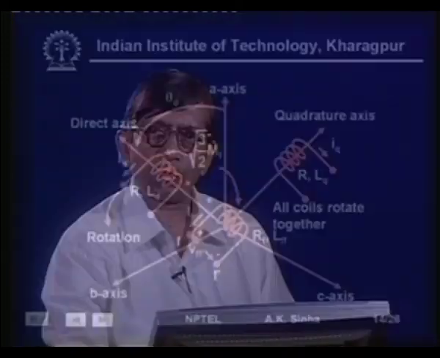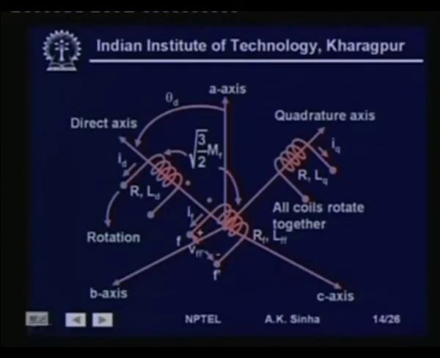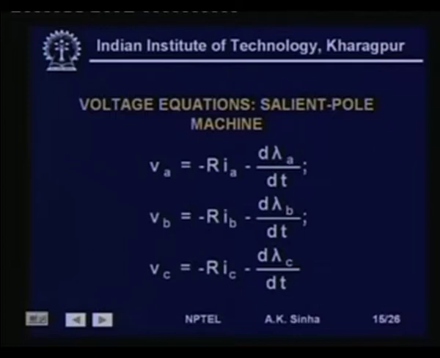And these two coils appear to be rotating at synchronous speed and therefore, are stationary with respect to the rotor. So, this is the advantage that we get from Park's transformation.